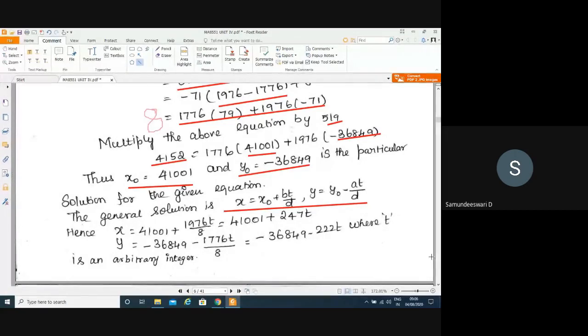So x is x naught plus 1976 into t by 8. Similarly, y equal to y naught minus the a value 1776 into t by the GCD d, which is 8. Simplify this, we get x and y. This is called the general solution, where t is an arbitrary integer.